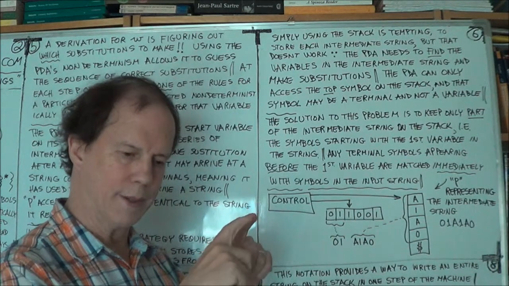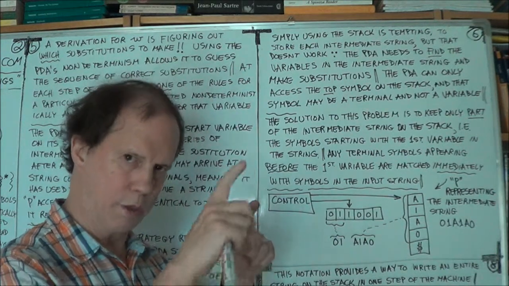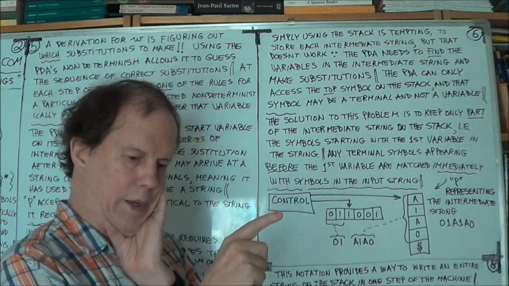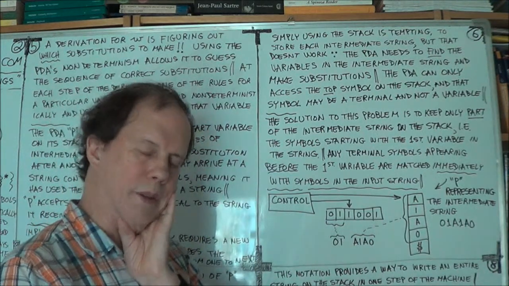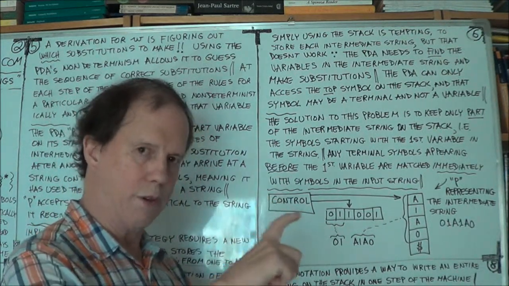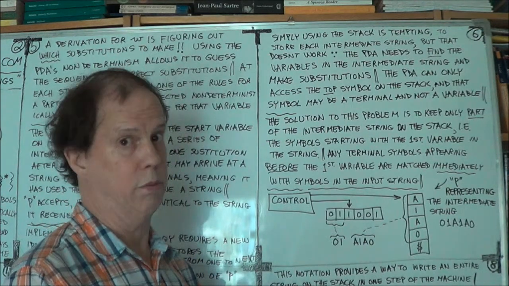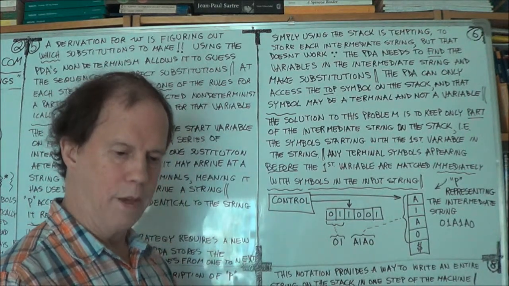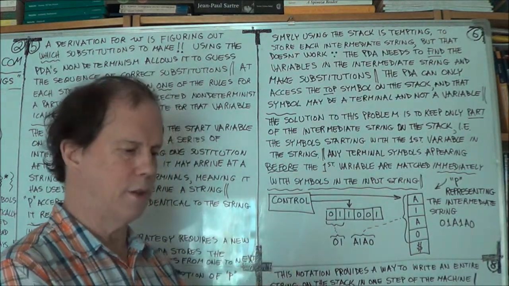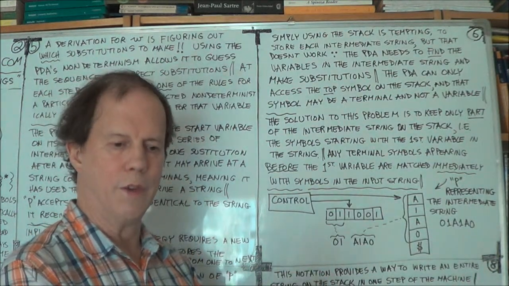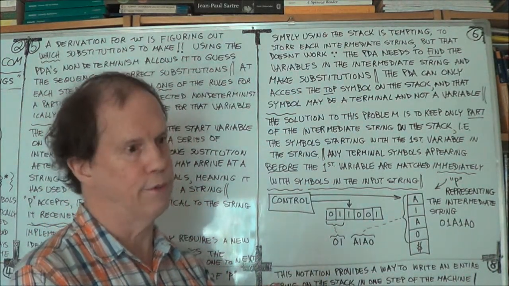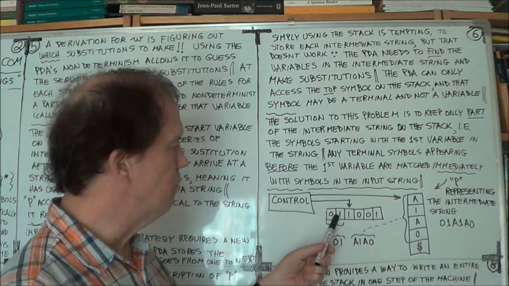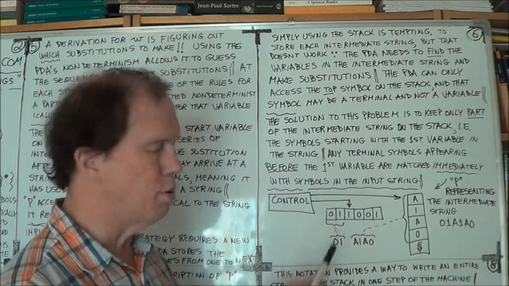But there's a problem there, because when you push the right-hand side, it could be that the top symbol of what's on the stack after you've pushed the right-hand side might be a terminal. Okay, so you've got a problem. So what you do is you compromise. If you do have terminal symbols before the first variable in the right-hand side, then you match them directly with the content of your input string.